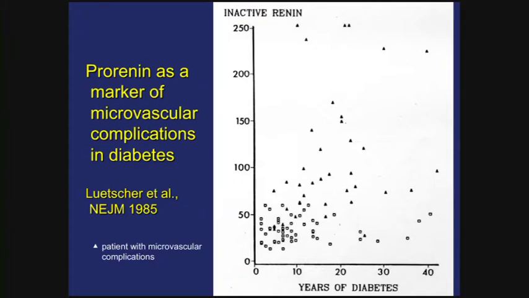So it was proposed on the basis of these data that apparently pro-renin is a kind of marker of the microvascular complications of diabetes. And a whole range of studies has been able to confirm that in the last decades or so.